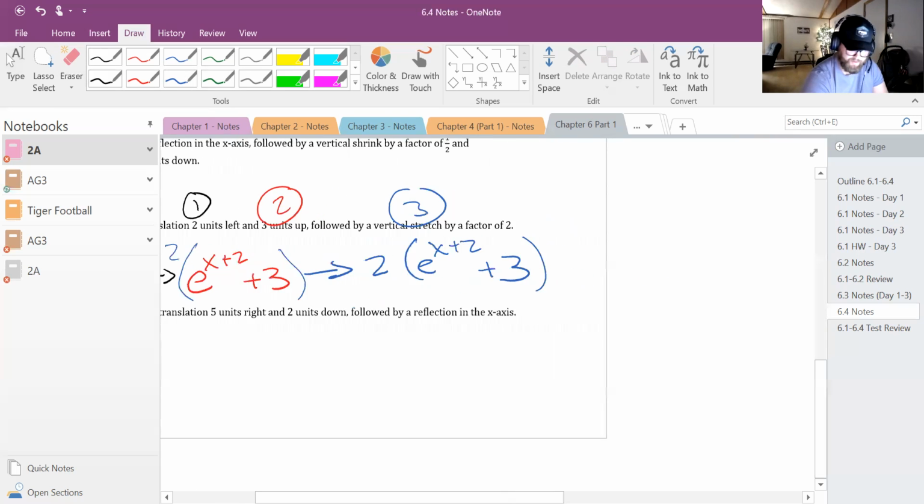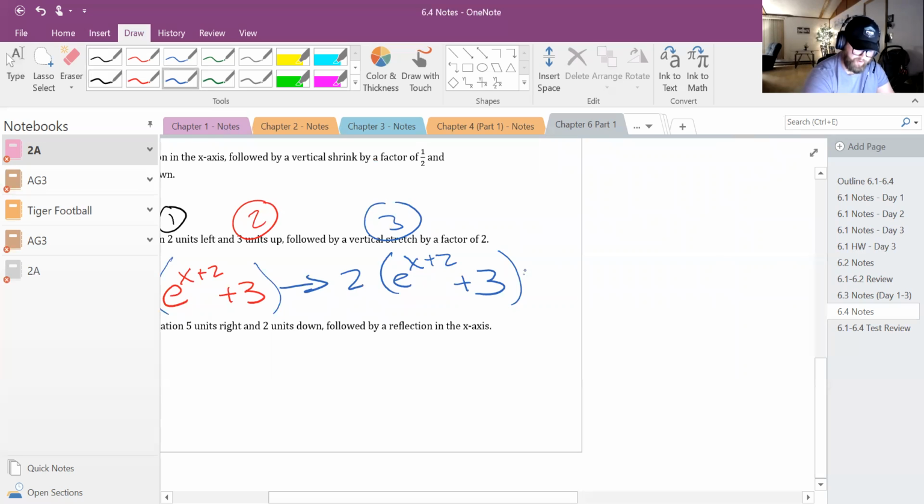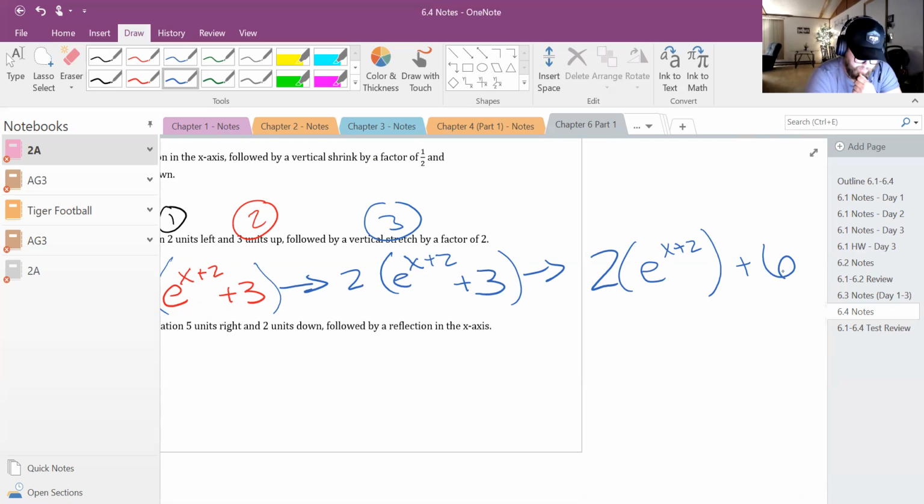No, but it worries me because you need to do this if you do it. That's what that would turn into if you wanted to distribute. Okay, but just leave it like this. I know what you mean. We're good.